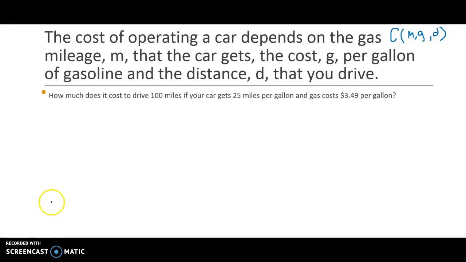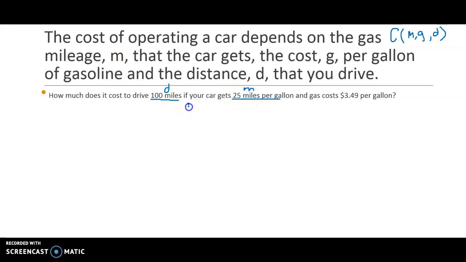First it says, how much does it cost to drive 100 miles if your car gets 25 miles per gallon and the gas costs you $3.49 per gallon? So all I have to do here is do the math. So in my head, I'm thinking if I take this distance, so this right here, which is the distance, and my car gets 25 miles per gallon, so this is the M, the mileage.